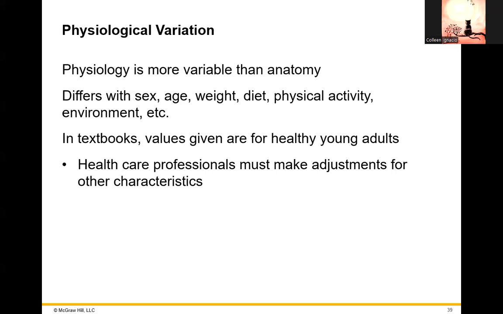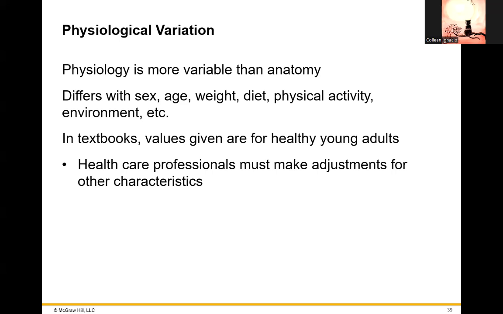When we look at our textbooks, most times values are given for healthy young adults. Just like earlier, I mentioned the value for blood pressure, 120 over 80. That is the standard. That is what we're aiming for, right? And I would expect a young, healthy adult to have a blood pressure of 120 over 80. So those are the values that we're given.